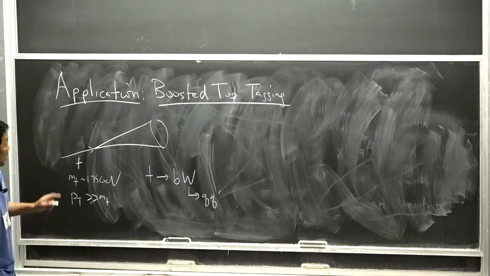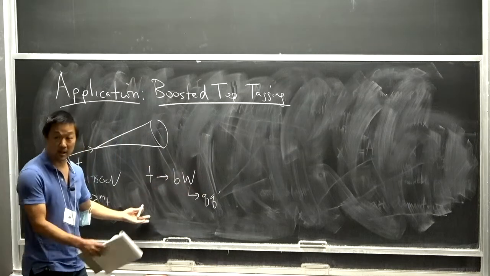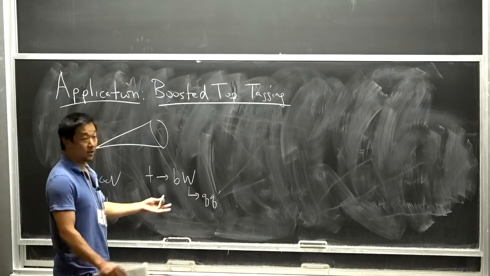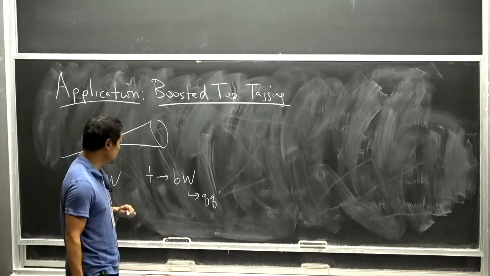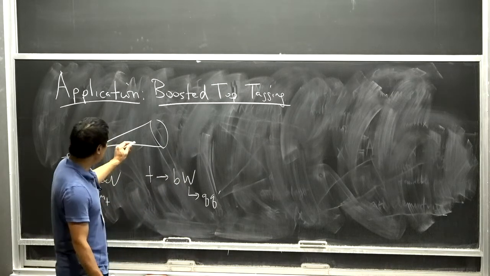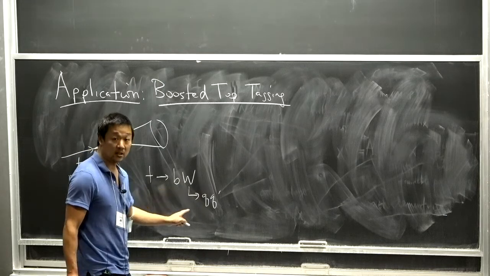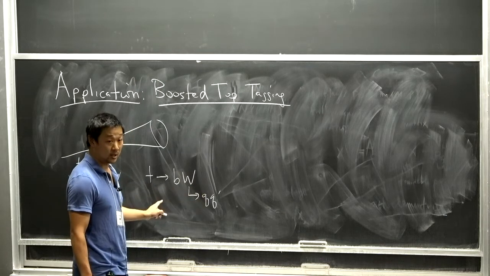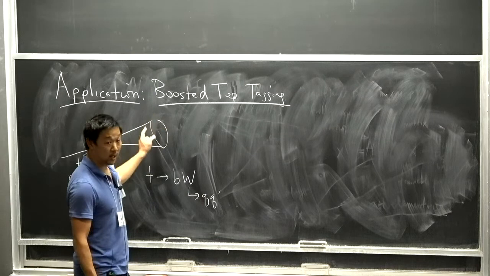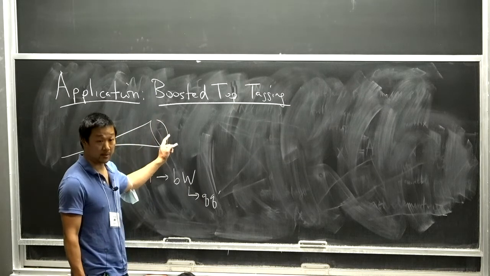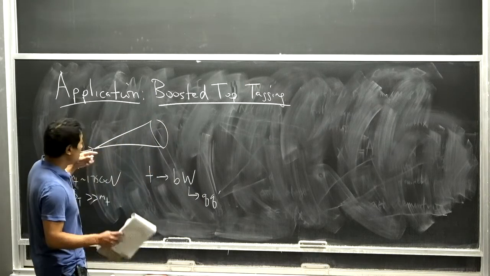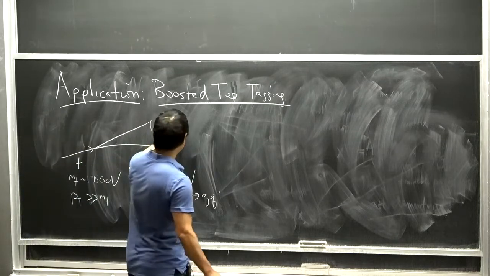Okay. So this is called an all-hadronic top decay. There are other decay modes of the top, of course, but this is the interesting one for our purposes, because what it gives you is a very distinctive pattern of energy in this boosted, collimated, jet-like object. Okay, so the boosted top will give you what's called a fat jet.